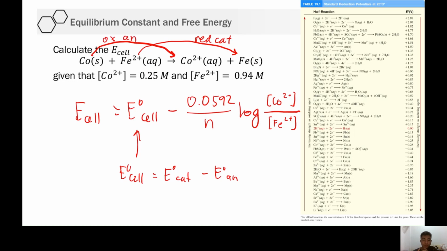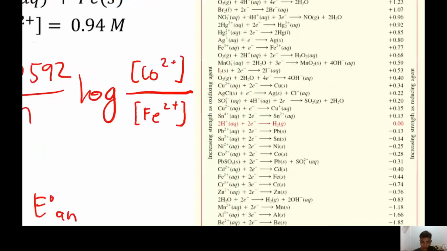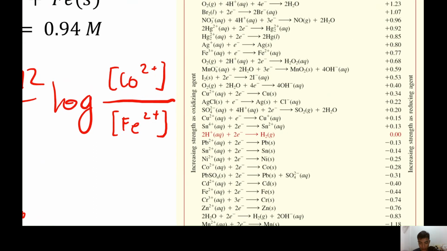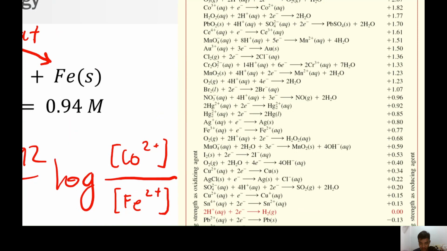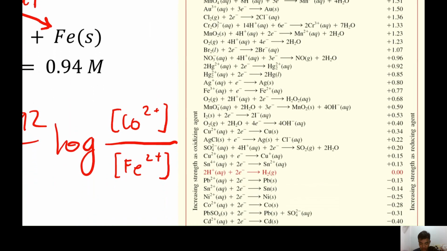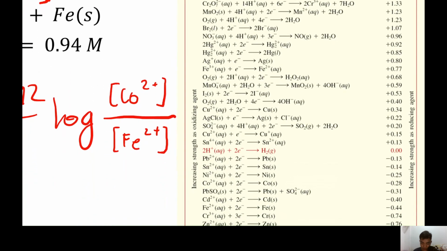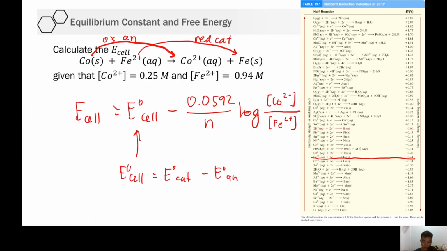Let's look at the potential for iron 2 plus to iron. Let me just look through this table. Iron 2 plus to iron. Okay, here it is. It's negative 0.44 volts. For the anode, we have the oxidation of cobalt to cobalt 2 plus.